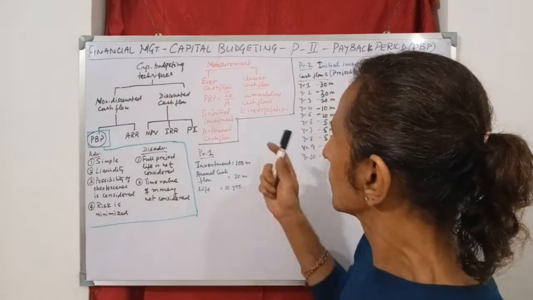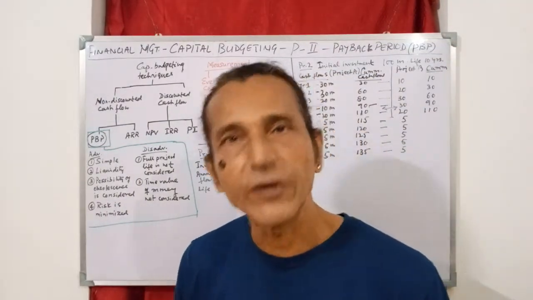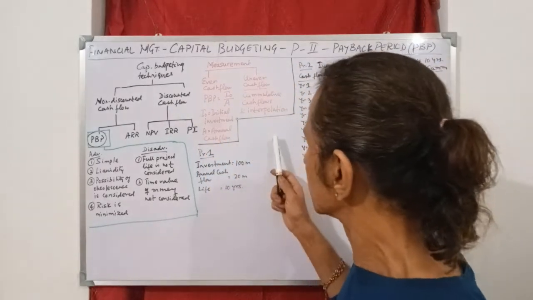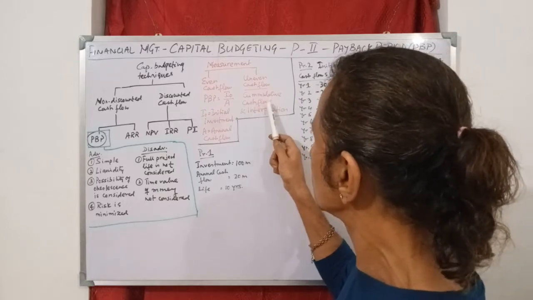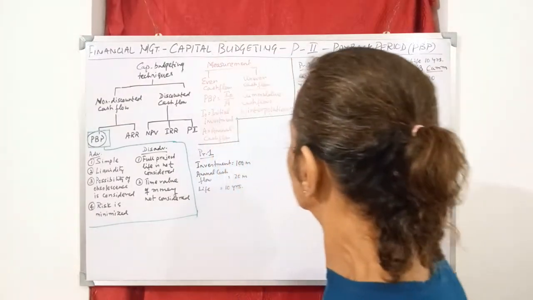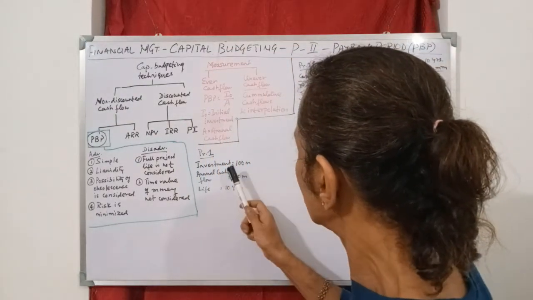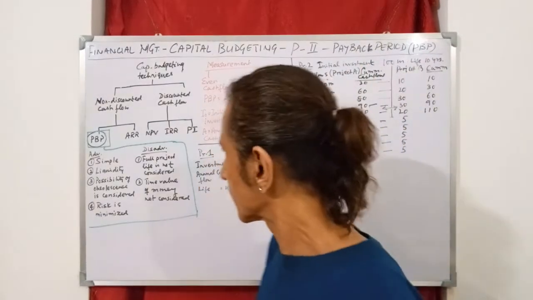And when the cash flows are uneven, then we apply another technique. There we consider the cumulative cash flows and we apply interpolation. Now here I shall solve two problems, one with even cash flows and the other with uneven cash flows.